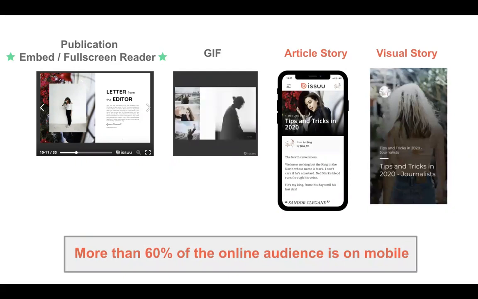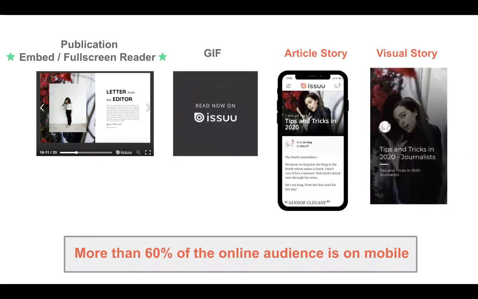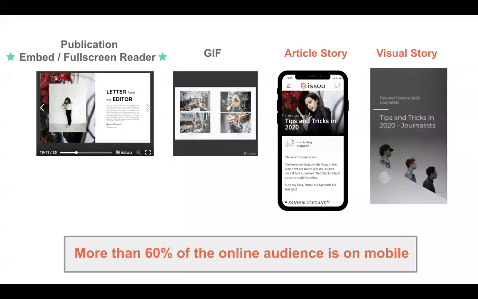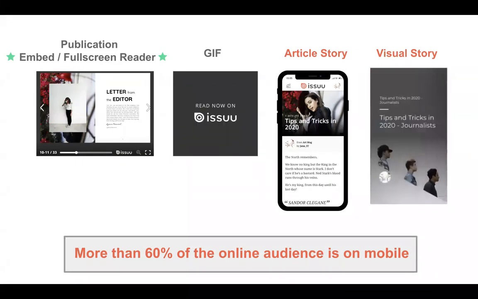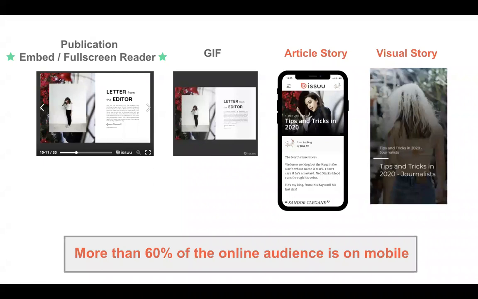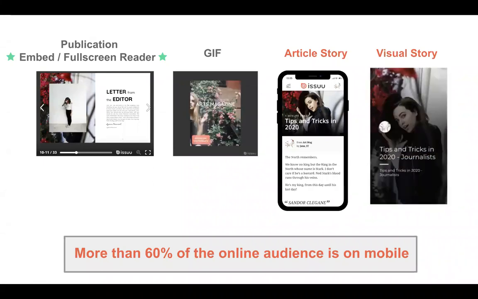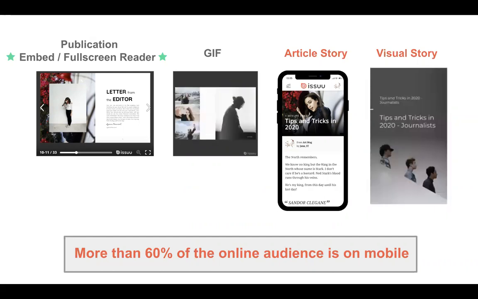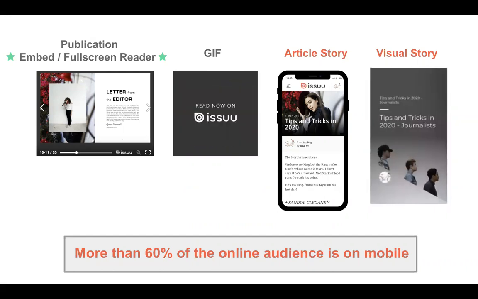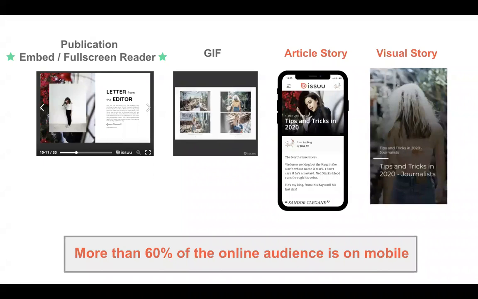Also, the Issuu motto, the main one, is create once, share everywhere. So basically what we try to make easier for you is to share your content in different formats while creating it just once. You create your PDF once, you upload it on Issuu. That's how you get the flipbook.